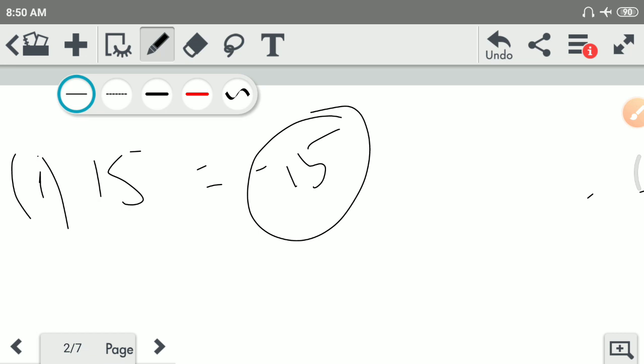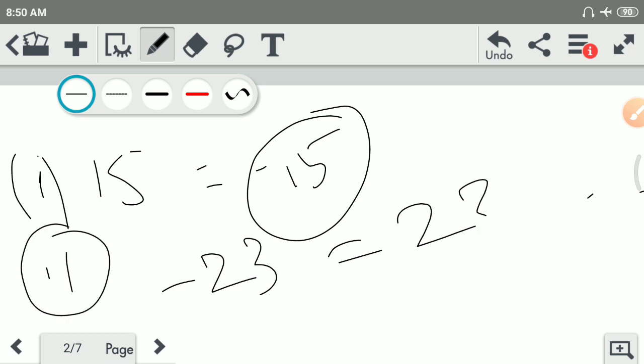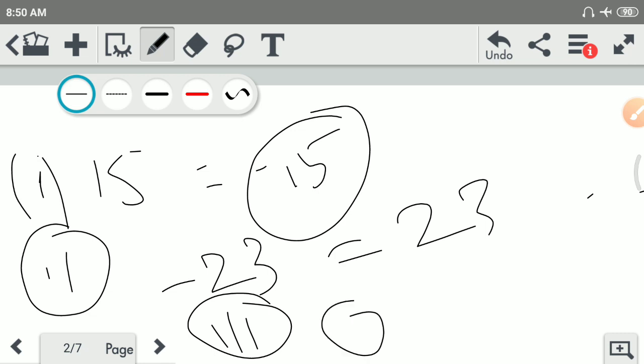Then the additive inverse of minus 23 is what, student? Plus 23. Then 0, I told you it has a special character. 0 is itself the additive inverse.